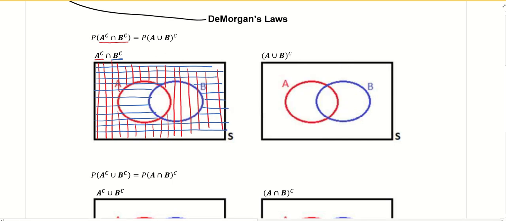So for the intersection here, I'm going to shade everything that's both red and blue. So that means I'm going to shade everything that has both the vertical and the horizontal shading, the red and the blue shading, which is all of this stuff.